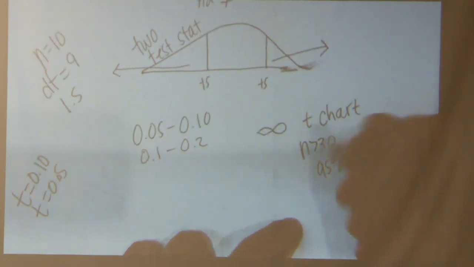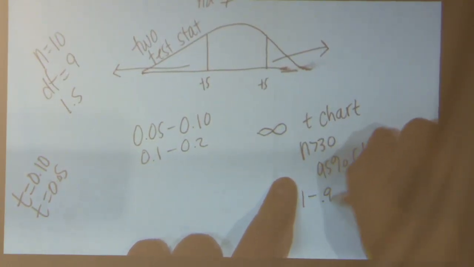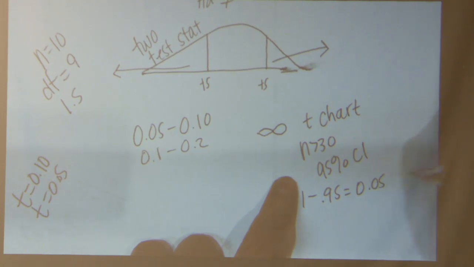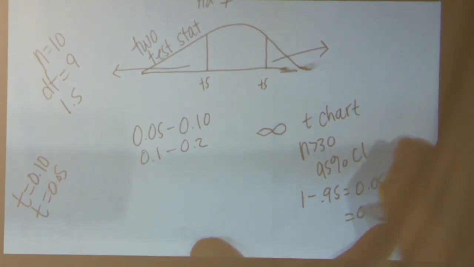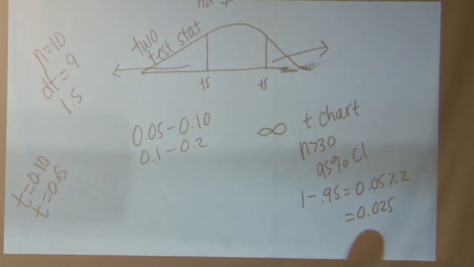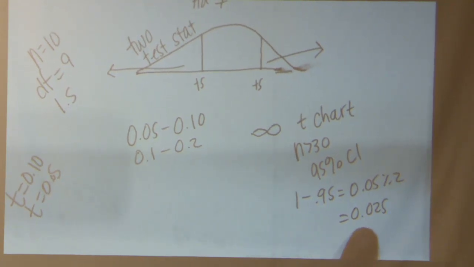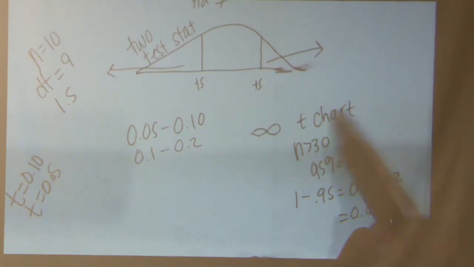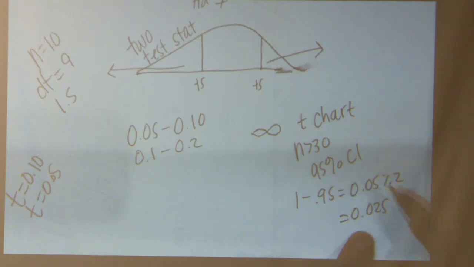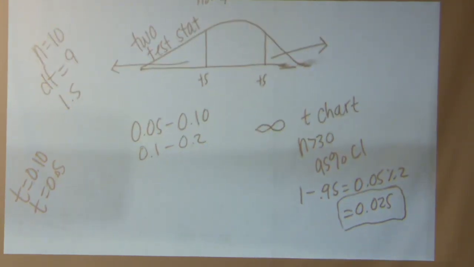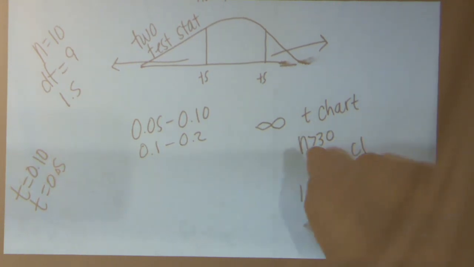We know that we can do the shorthand version of 1 minus 0.95 to get 0.05, divide that in half to get 0.025. If our n value is greater than 30, we can go to our t-chart, go to infinity, and just look up this 0.025, and it will give you the z-table value of 1.96.